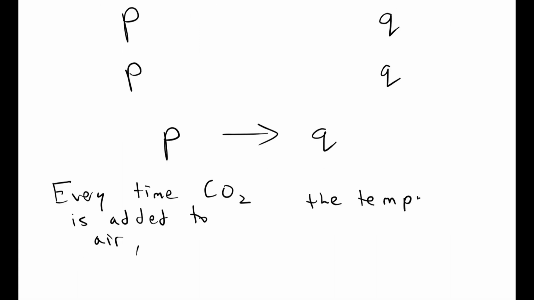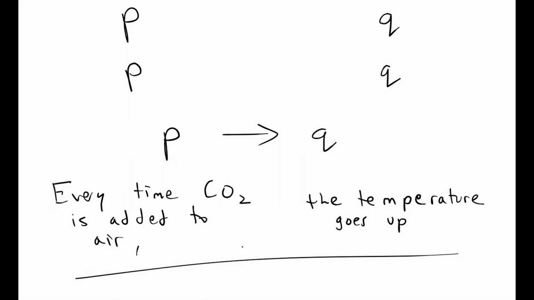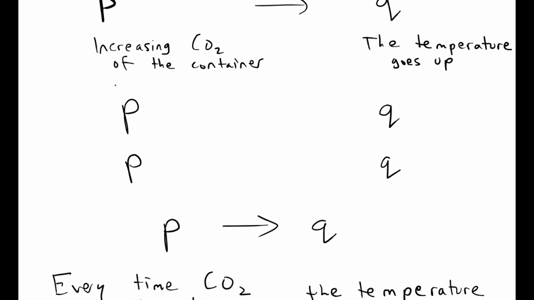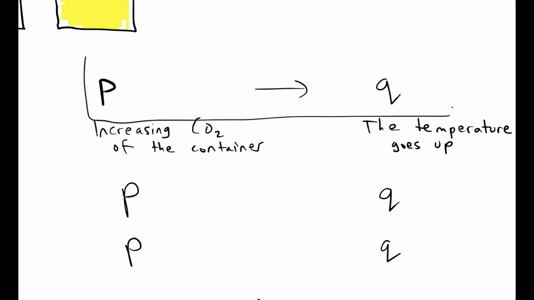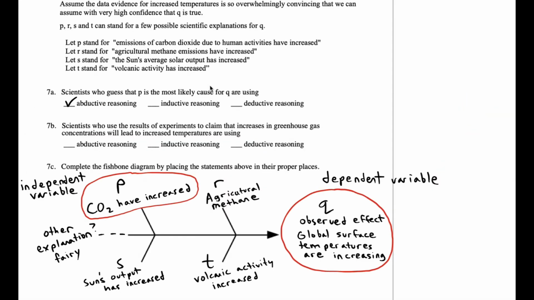Even in the wider world, perhaps they may claim. What type of reasoning is it really when they're making a generalization like that from specific cases in a lab, let's say? Abductive, inductive, or deductive. It is inductive to do that.